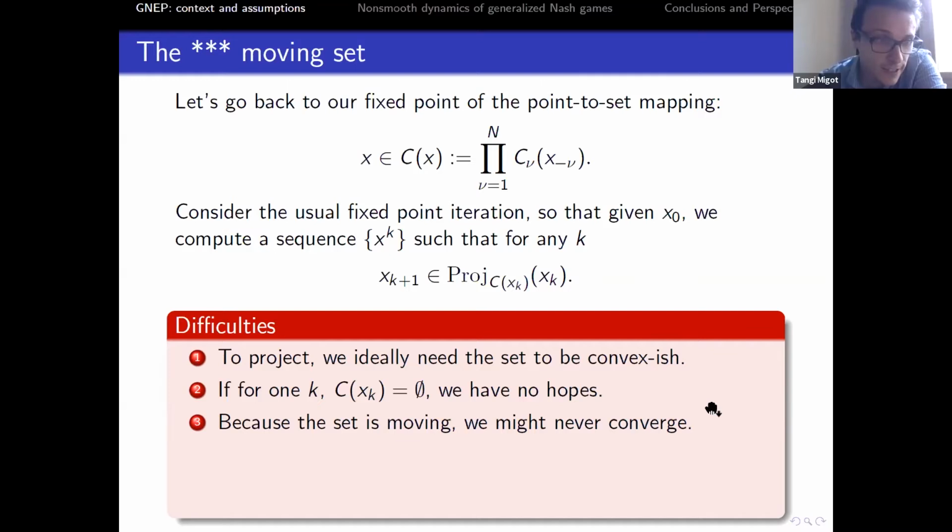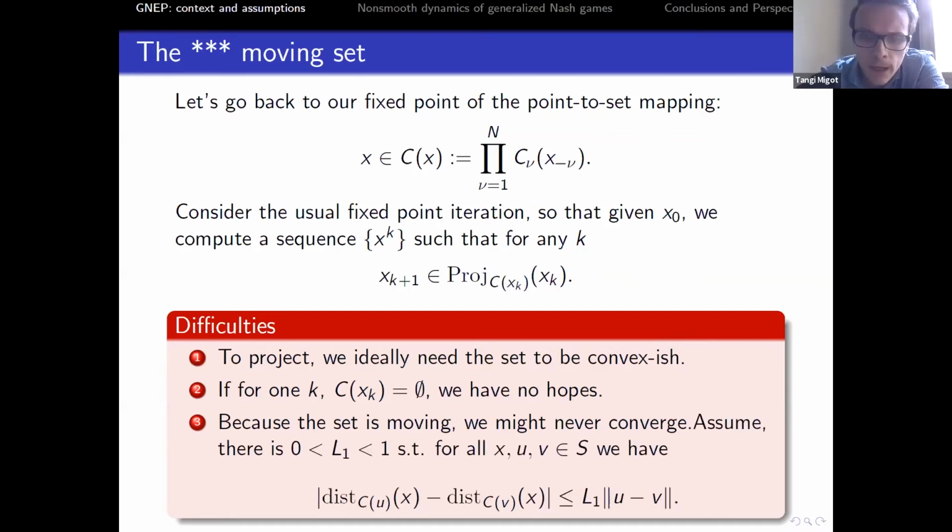I didn't give any illustration here, but you can find some very nice one on Wikipedia, for instance. And so, especially for this problem, we have one strong assumption, which is to suppose some contractive properties of C. And one would be the following one. Let's say we have some constant L1, which will be between 0 and 1, such that the distance function will be a contraction.